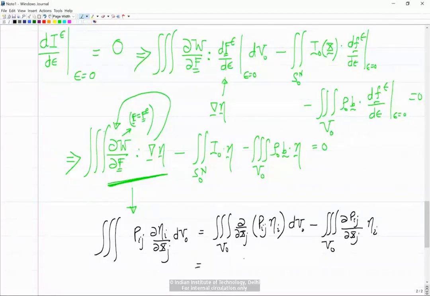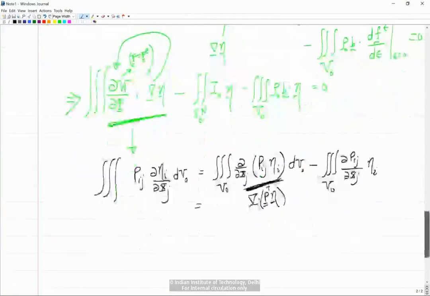Now you can think of going back to tensor form, and you see what this is. This is divergence dot P transpose eta. If you work it out, this will be divergence dot P transpose eta.